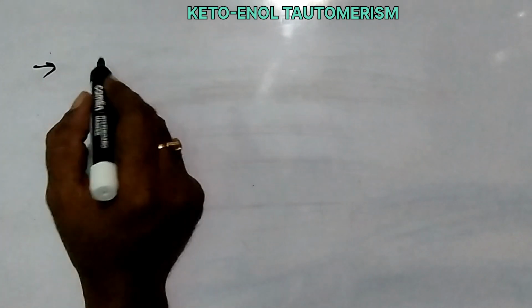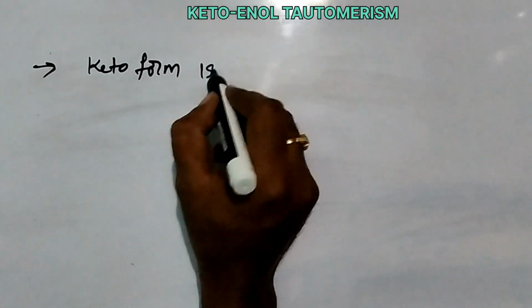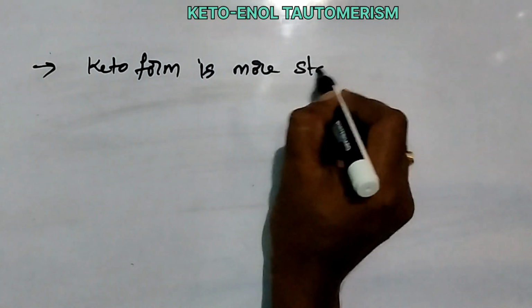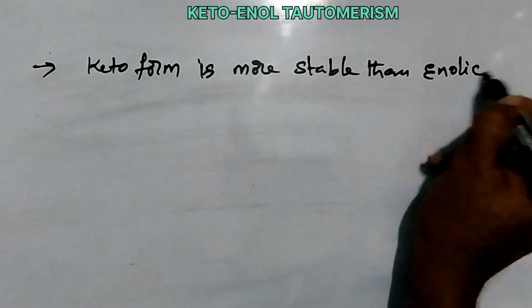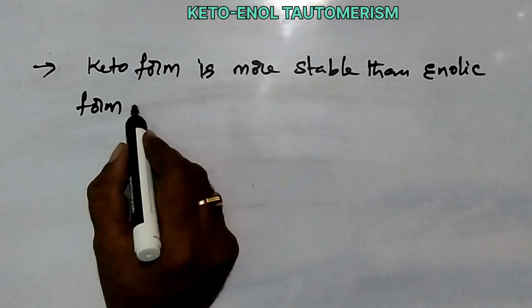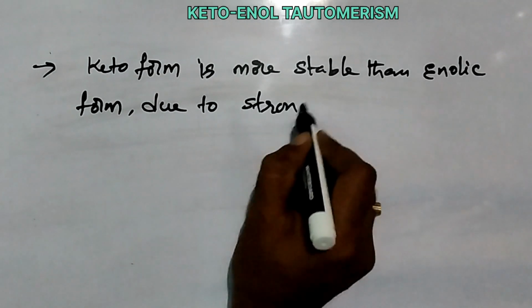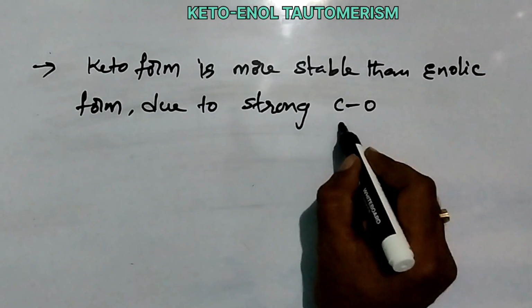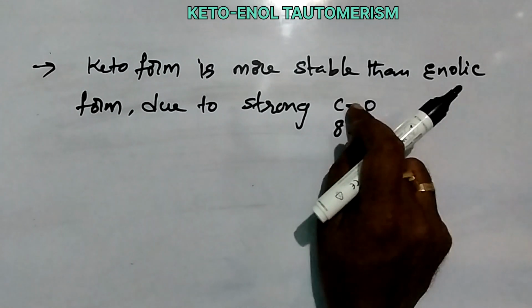In some of the compounds, the keto form is more stable than the enolic form due to the strong C-O bond, 82 kilojoules.